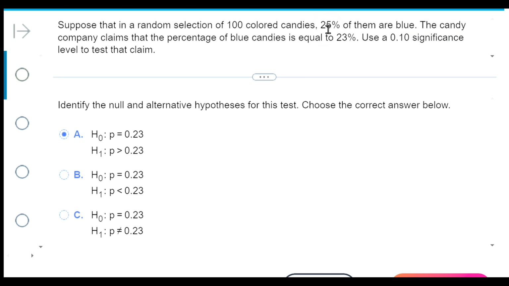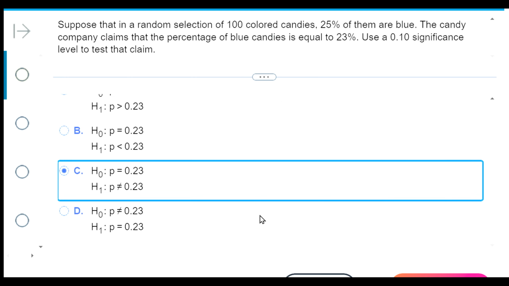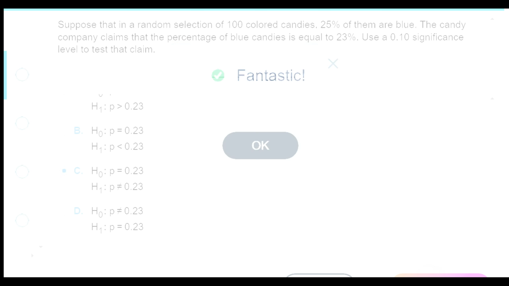I saw that 25% of them were blue. They claimed that 23% of them are blue, and we're going to test that claim. So they didn't say check to see if it's more than 23%. They didn't say to check to see if it's less than 23%. So then this is our initial and alternative hypothesis.